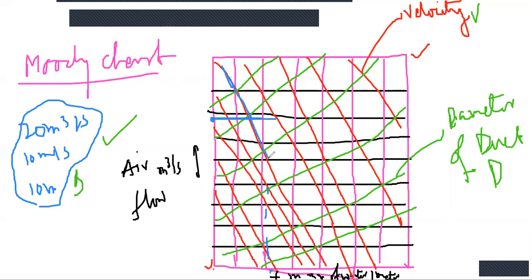And the diameter of the duct is the green line; suppose this is 10 meter. So the intersecting point of these three lines, we locate this point. Okay, here.